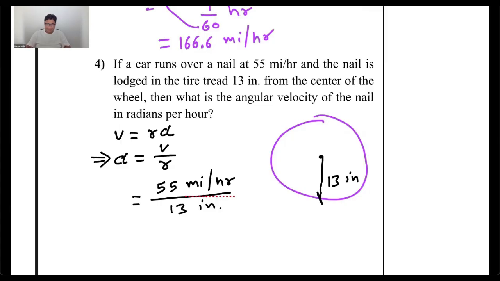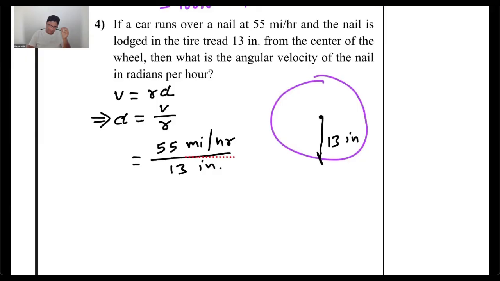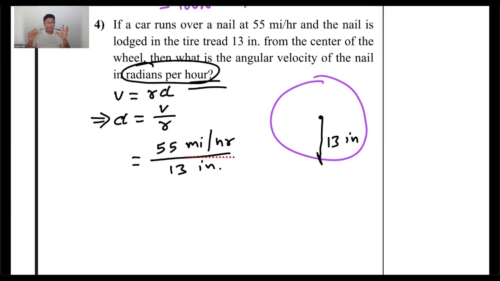So you need to make the units consistent, first of all. And what do we need our answer in? Radians per hour. So the unit of time should remain hours. The radians come automatically. You don't see the radians unit when writing; you can write that at the end. The important thing is the time should be in hours, and that is in hours already. So we're good there.